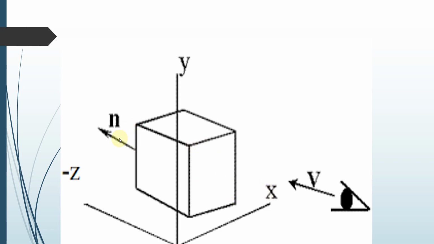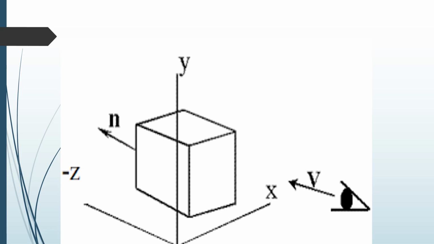The normal to this plane surface, this surface which is identical to the back surface, is n, and by convention we consider the direction of the normal of a plane to be coming out of the plane. We generally take it as a convention that any plane's normal is coming out of the surface, which will be denoted by small n.